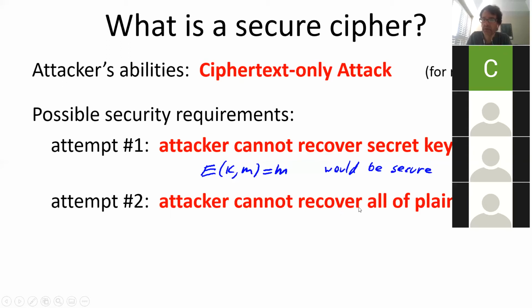Even if I say that one cannot recover all plaintext, that's not going to be good enough. What if you use the following encryption? My message is really two blocks, M0 and M1. I give out M0 in the clear, and I apply the key only to M1. I'm going to argue in a sec that the one-time pad is a secure encryption. It protects the privacy of M1 well, but M0 was leaked for free.